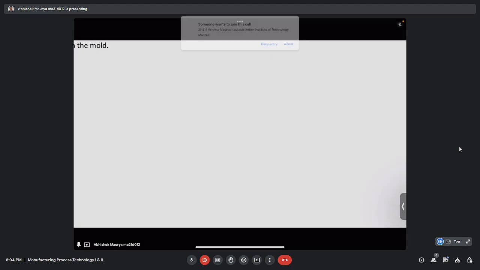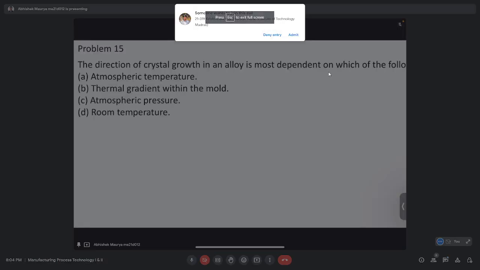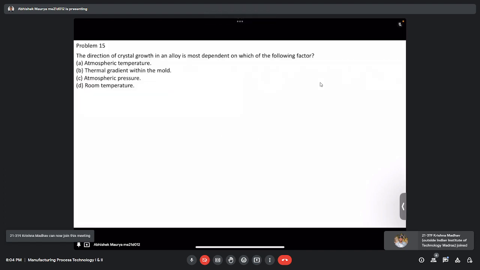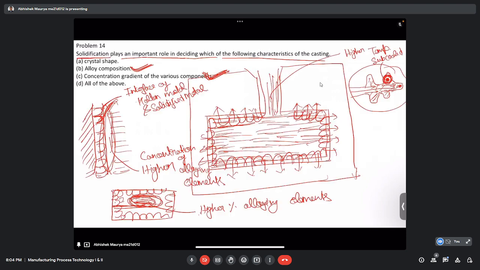We always try to get equiaxed grains or a non-dendritic structure.